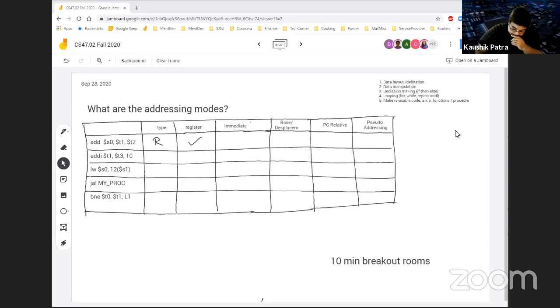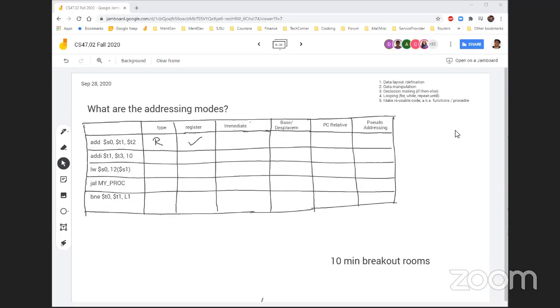The next one, we figured, was immediate addressing, because it uses an immediate for its third argument, which would mean it's type I. And then load word was displacement addressing.